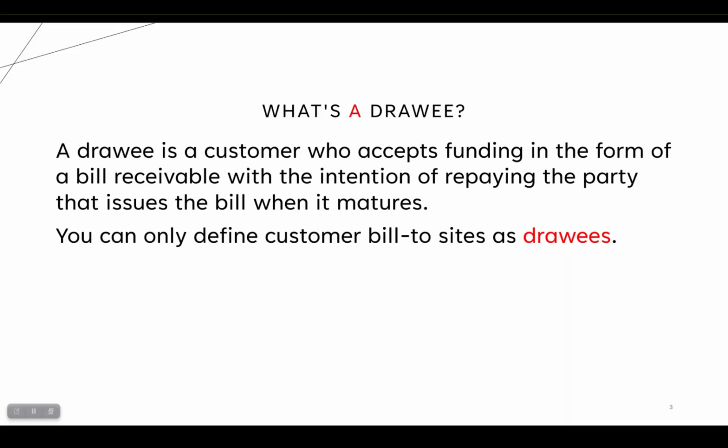So in case you need to define a drawee for the purpose of bill receivables, you also have to ensure that the current or existing customers have sites with the purpose bill to, to define drawees. If your current or future customers have only ship to or any purpose other than bill to, you cannot define drawees, and bill receivables will not work. We will see it later in the setup.